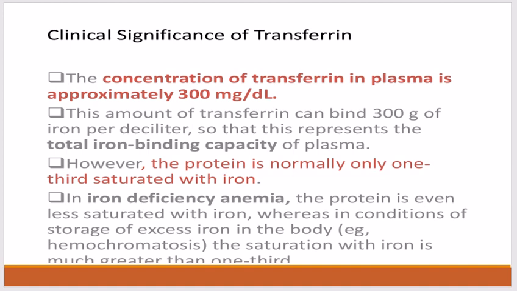However, the protein is normally only one third saturated with the iron. In iron deficiency anemia, the protein is even less saturated with the iron, whereas in conditions where storage is excess in the body, for example, hemochromatosis, the saturation with the iron is much greater than one third.